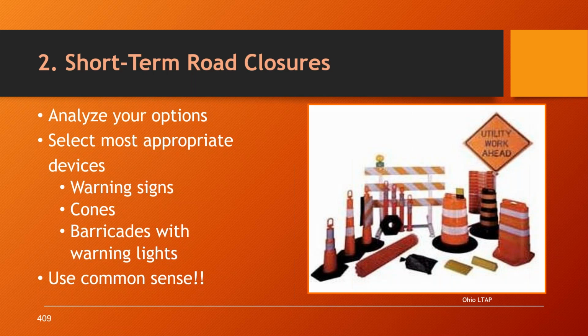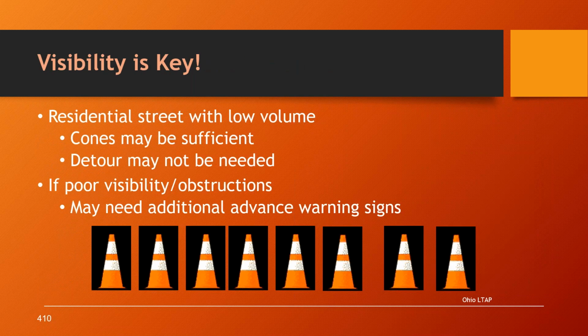Usually the workers are very familiar with their different streets and the different areas and what sort of measures they need to put into place so that the motorists know what to do. So visibility is key. If we're on a residential street with low volume, maybe all we need are some cones, and a detour is probably not needed.